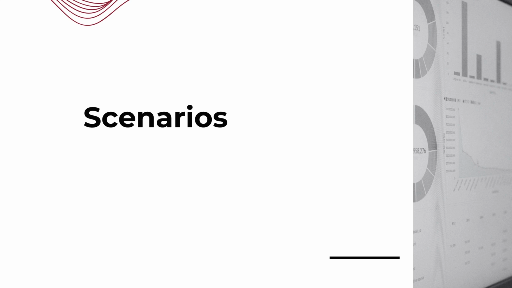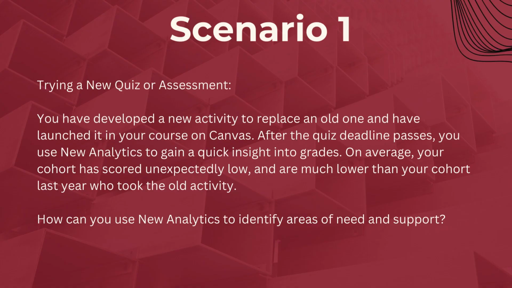We'll leave you today with a couple of scenarios to consider. For each, think about the ways in which new analytics can be used to meet your needs. In this scenario, you have developed a new activity to replace an old one and have launched it in your course on Canvas. After the quiz deadline passes, you use new analytics to gain a quick insight into grades.